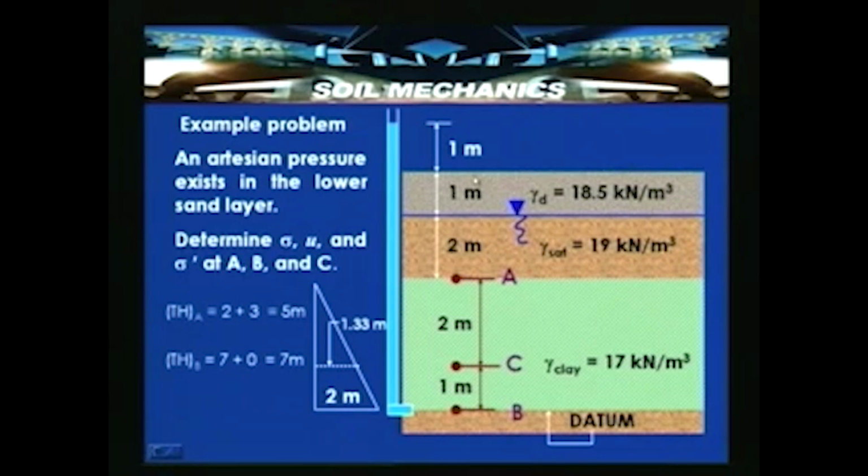If you look into this now, the head loss, which is the difference of water levels between this level and this level, is around 2 meters occurring over the layer.